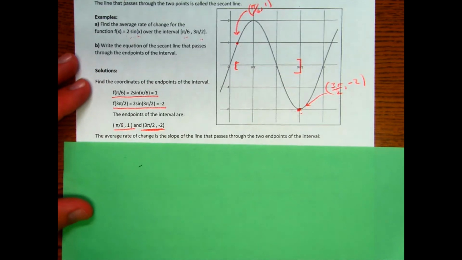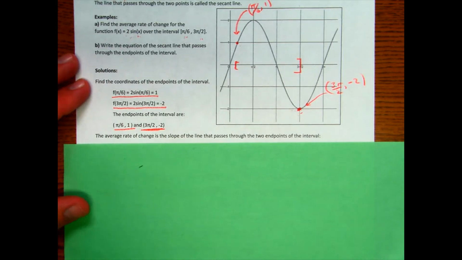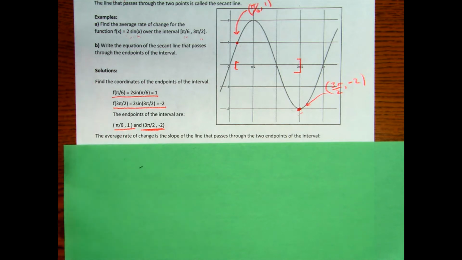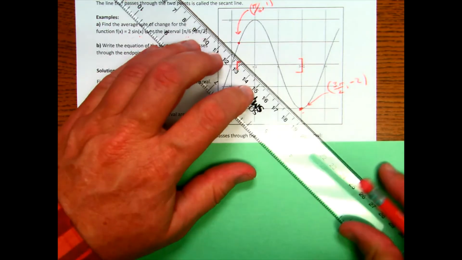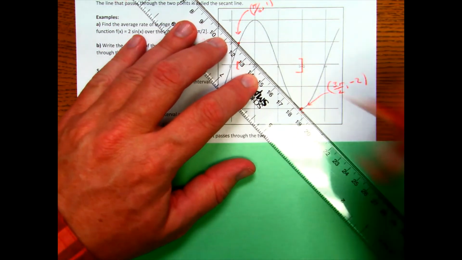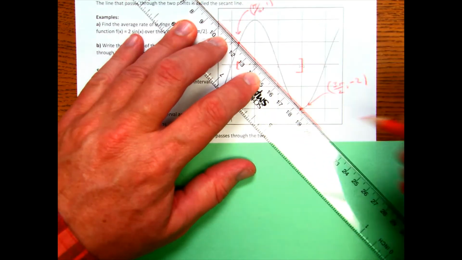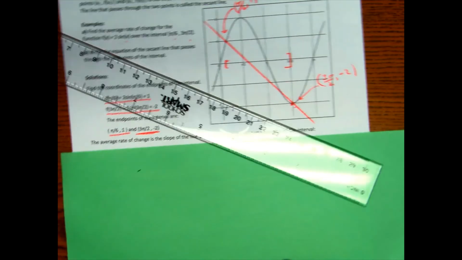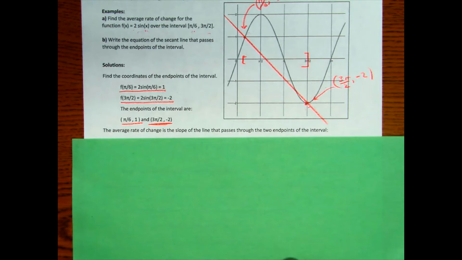Okay, the average rate of change is the slope of the line that passes through the 2 endpoints of the interval. So if we were to take those 2 endpoints, draw a line through them, the slope of that line represents the average rate of change of the graph.